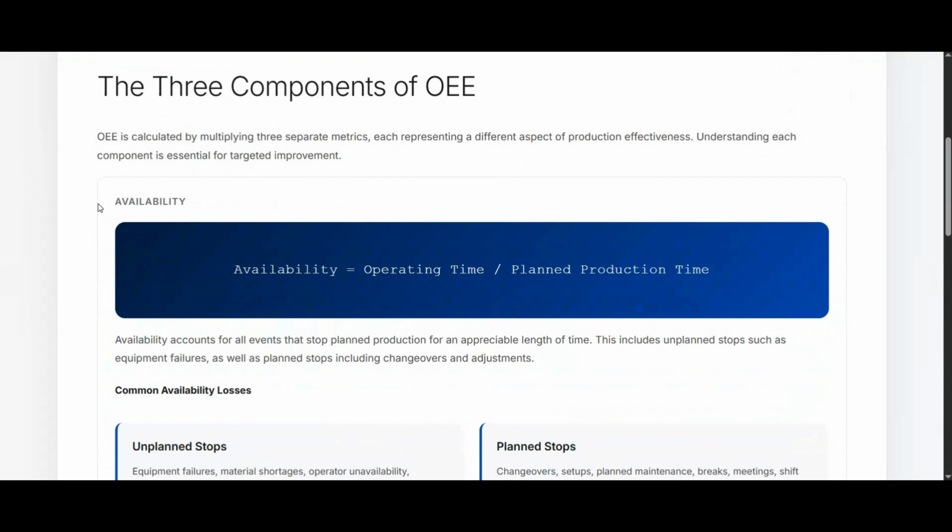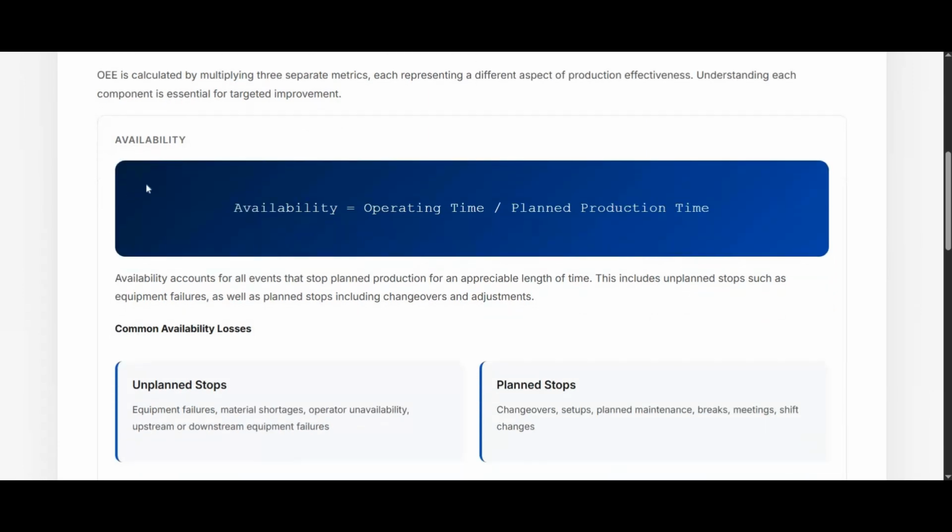Okay. Let's break down those three components in more detail, starting with availability. Availability measures how much of your planned production time was actually spent producing, and the formula is here, you can see.